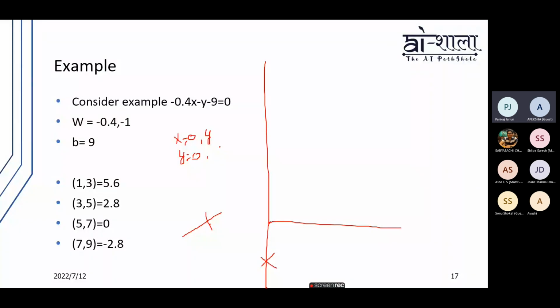So this example is actually 0.4x minus y minus 9. So this line is somewhere here.